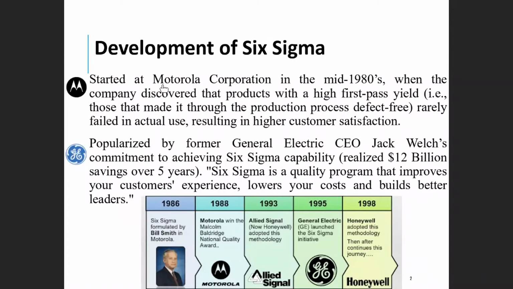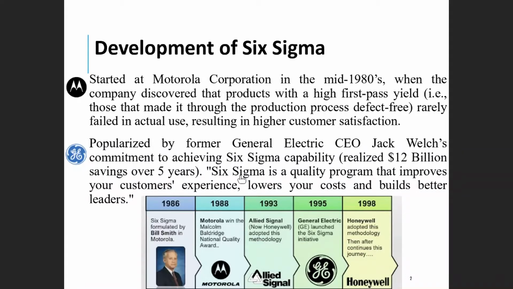Later, General Electric came, when the CEO of GE, Jack Welch, put Six Sigma into practice as we see it now, and they saved $12 billion over 5 years by implementing Six Sigma, lowering the cost and at the same time building better leaders for the organization.